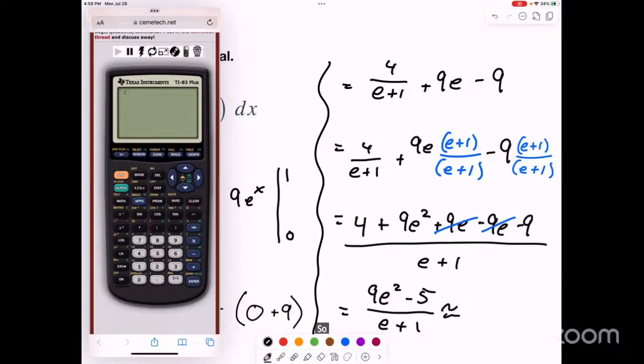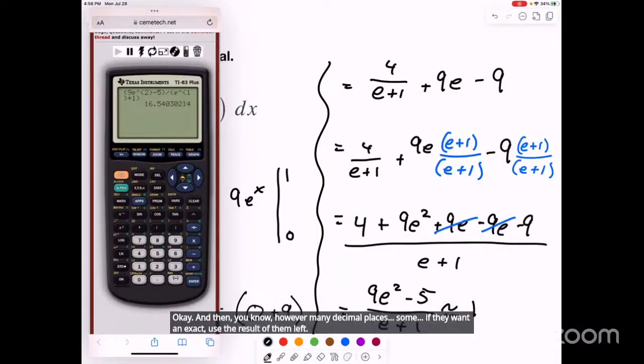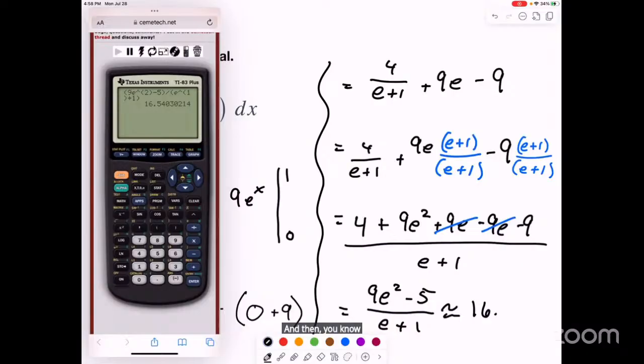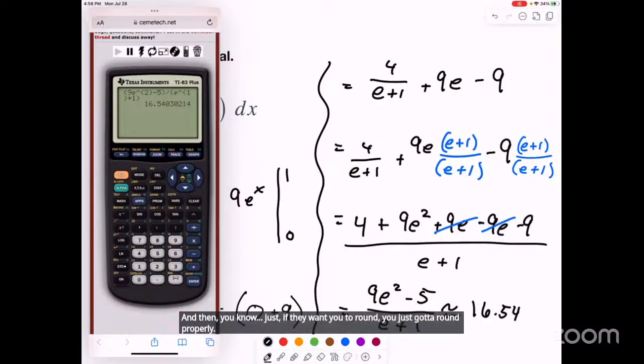So then if we said 9e squared minus 5 over e plus 1. Okay. And then, you know, however many decimal places. If they want an exact, use the result on the left. And then if they want you to round, you just got to round properly.